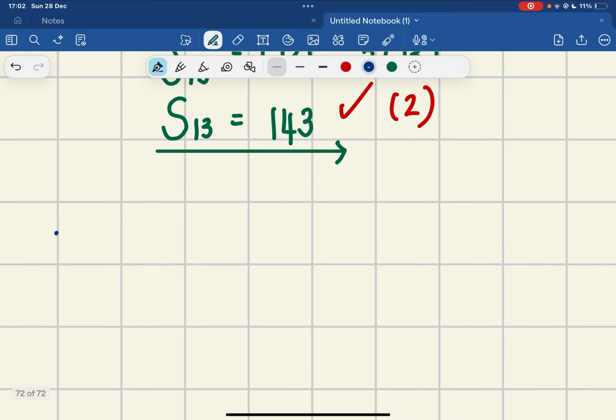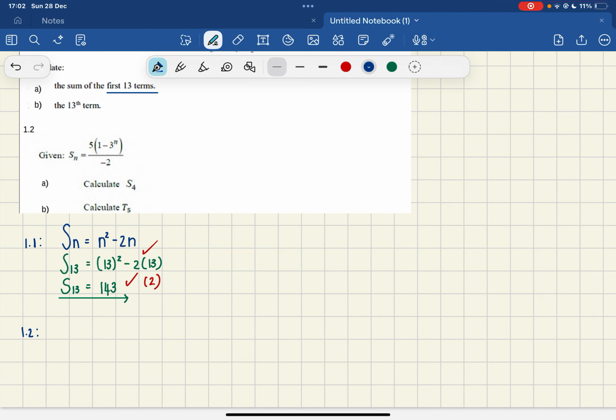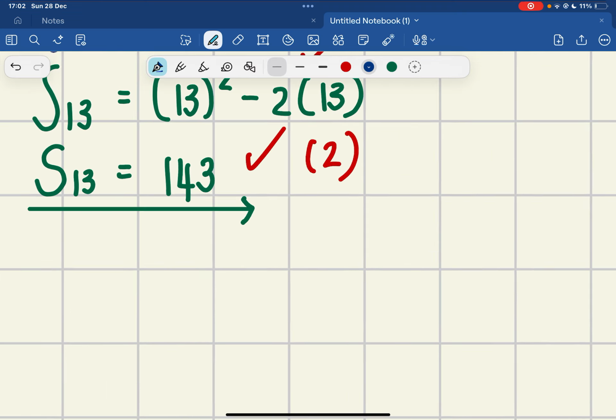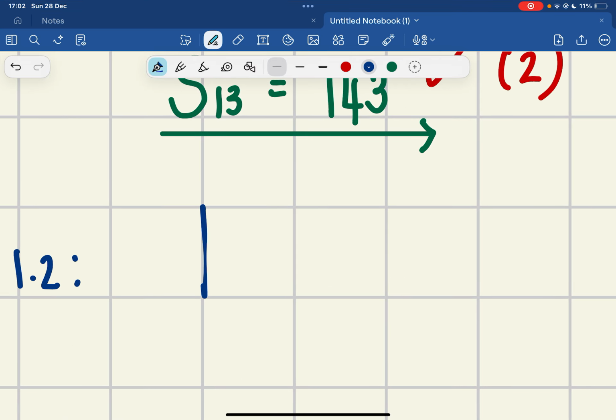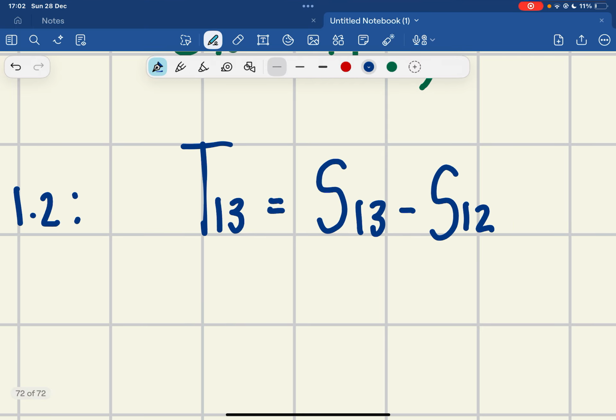Then let's move on to question 1.2. Question 1.2 says, calculate the 13th term. We are not looking for the sum of the first 13 terms, but the 13th term. We're going to use the formula T13 is equal to S13 minus S12.